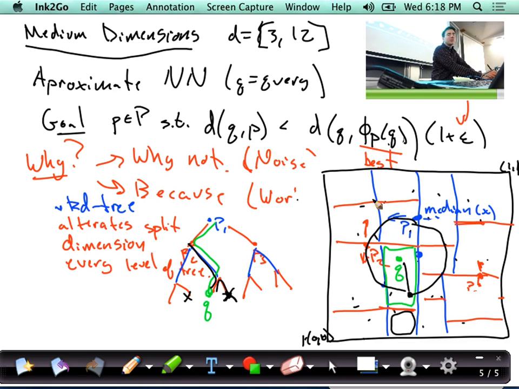I don't think my tree aligned with my picture here, but you keep checking the neighbors, and you can prune off whole sections of the tree. At some point, I need to cross over and check here, and maybe I end up finding a closer point here, and I've narrowed down my circle, and then when I try and check this whole side here, which corresponds with this half of the tree, I can say this tree cannot have any closer points. So I prune off this whole side of the tree.